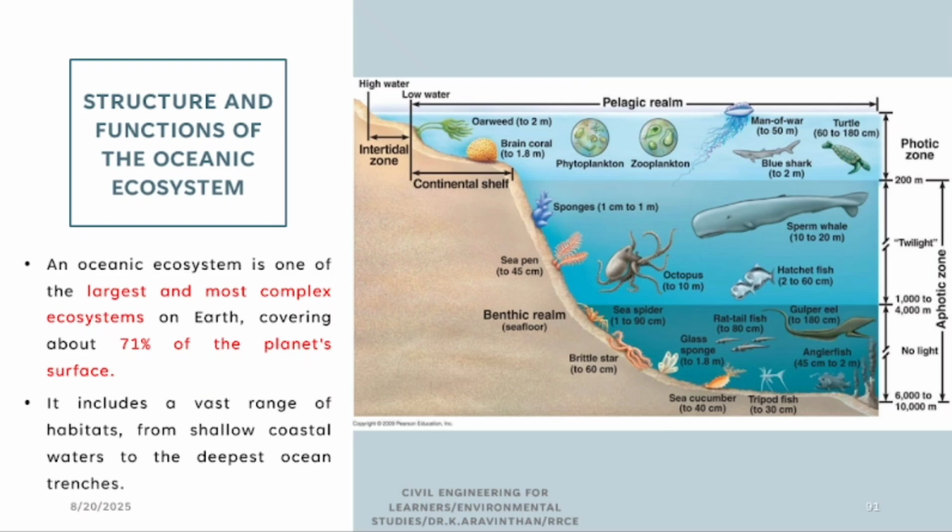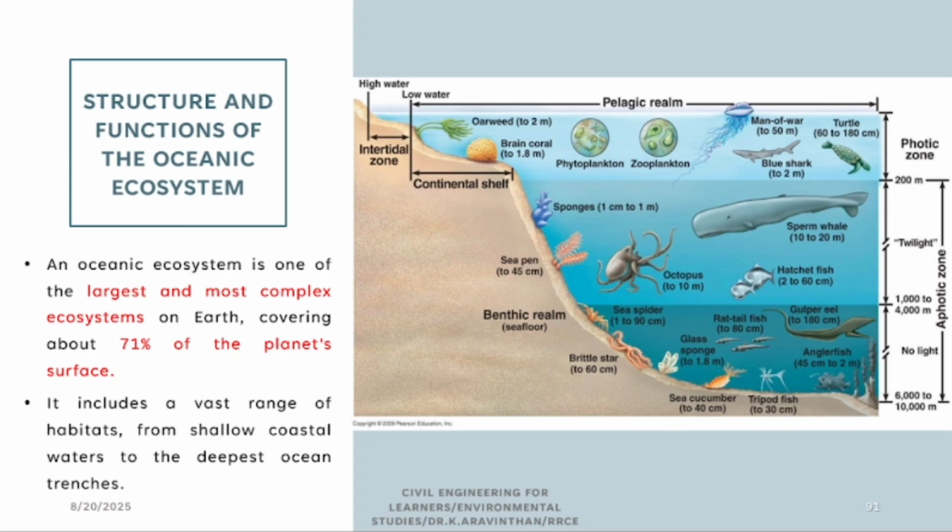So here you can see the sea pen. These are types of biotic organisms. Sponges, with length from 1 centimeter to 1 meter, you can see this species. Octopus mostly live in this zone. They don't like to inhabit the photic zone, that means sunlight. In sunlight you cannot see them.